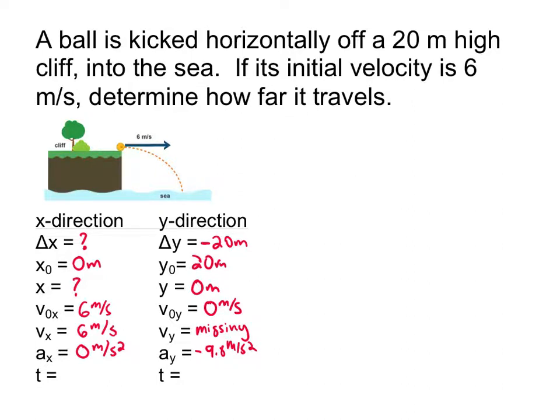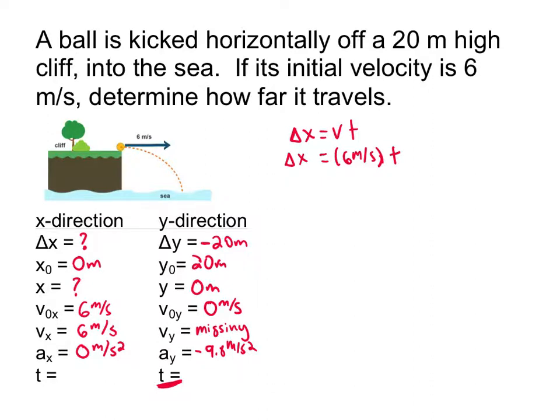So if we try to solve this problem right off the bat with our x equation, we will run into a brick wall because we do not have the time. Without the time, we have one equation and two variables, which is something we can't solve. What that typically means for projectile motion is we will have to work in the y direction to determine the time.